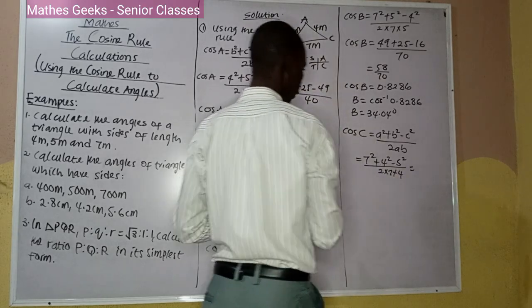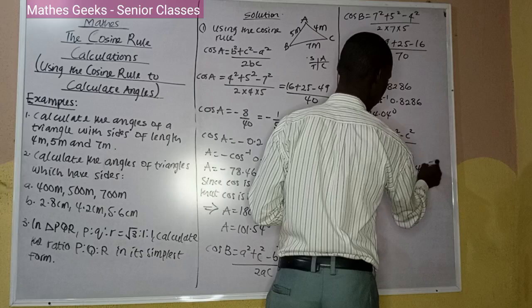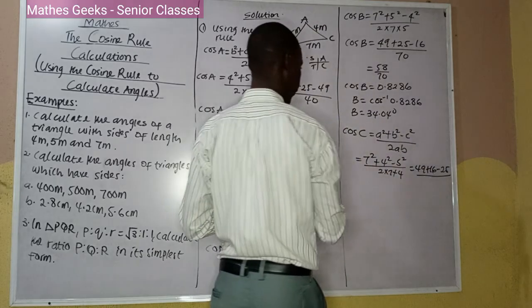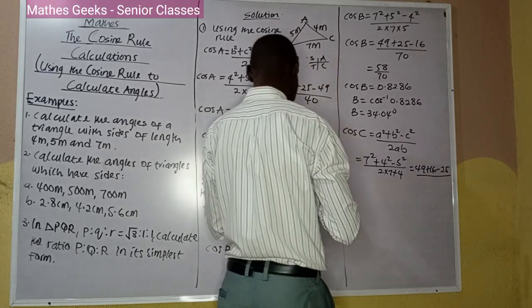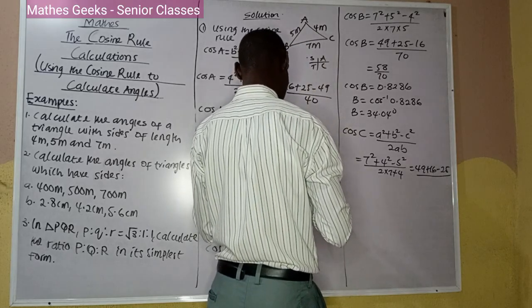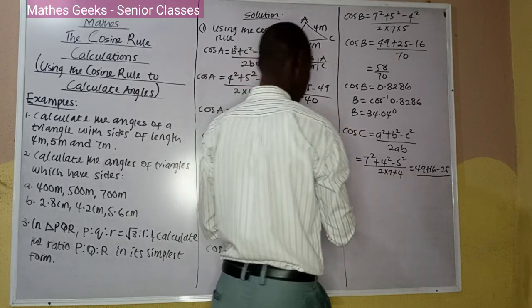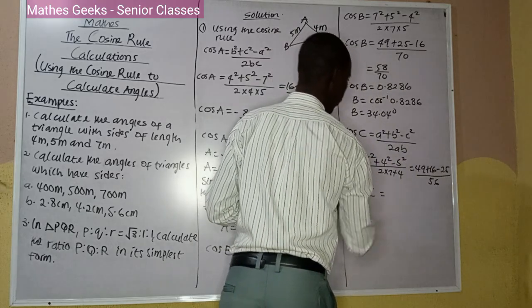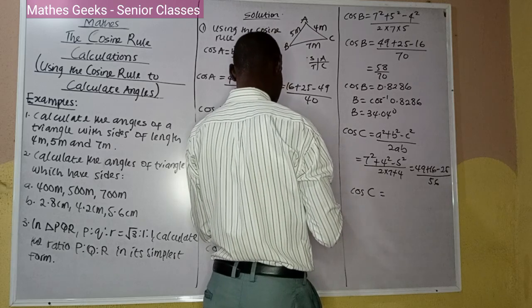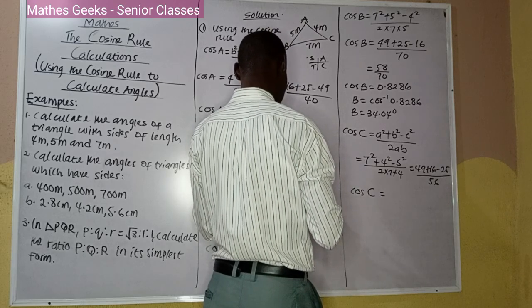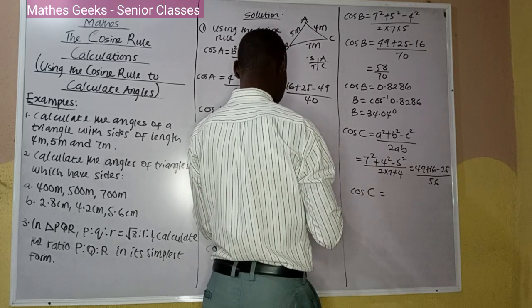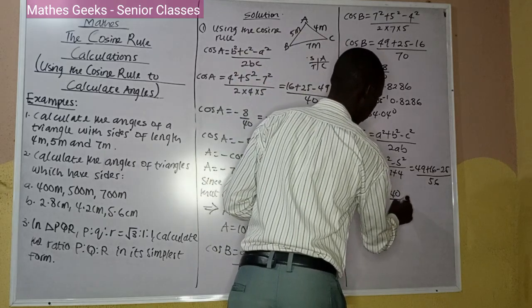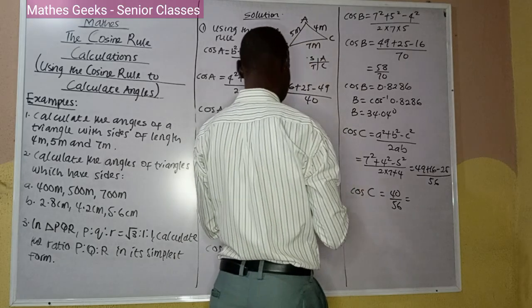That's 49 plus 16 minus 25 over 2 times 7 times 4, which is 56. So cos C is equal to 49 plus 16, 65, minus 25, 40. That's 40 over 56.